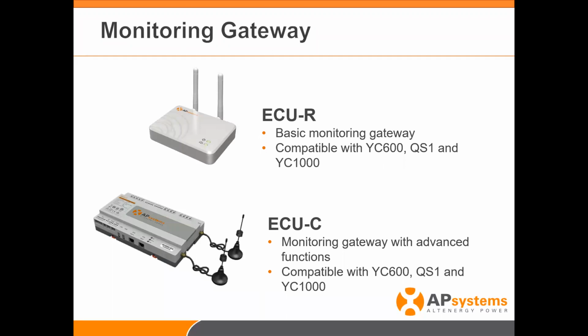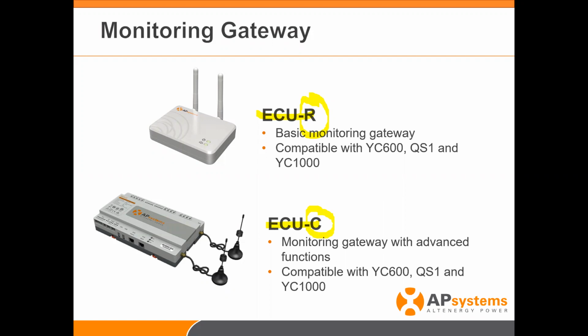Next part I want to talk about is the gateway. This is the monitoring gateway that gives us the ability and gives you the ability to actually see the information from the site remotely. We have 2 different versions of this product right here. We have what's called the ECU-R, and when it was originally designed, this was originally designed for residential. We also have the ECU-C, originally designed for the commercial. That was the concept.